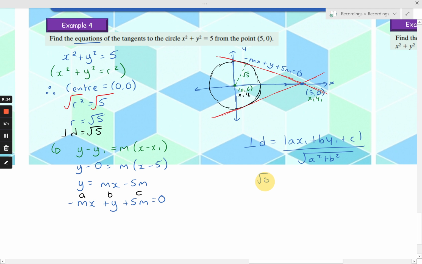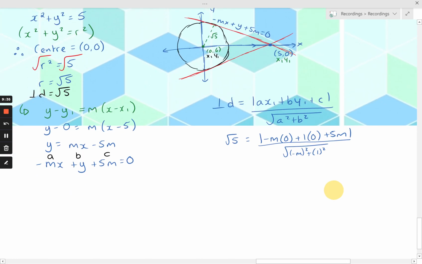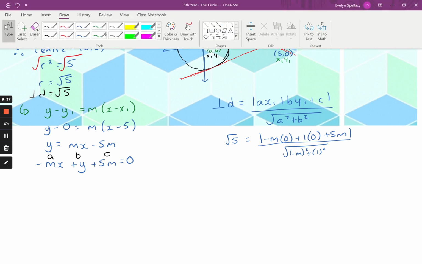So we get the square root of 5 is equal to the modulus of minus m by 0 plus 1 by 0 plus 5m all over the square root of minus m squared plus 1 squared. Okay? Which means now we have a bit of algebra to be working out here.